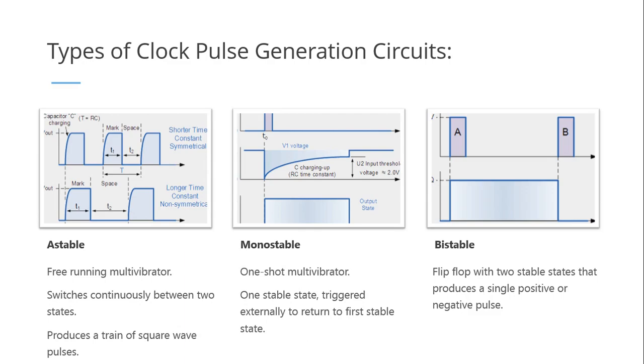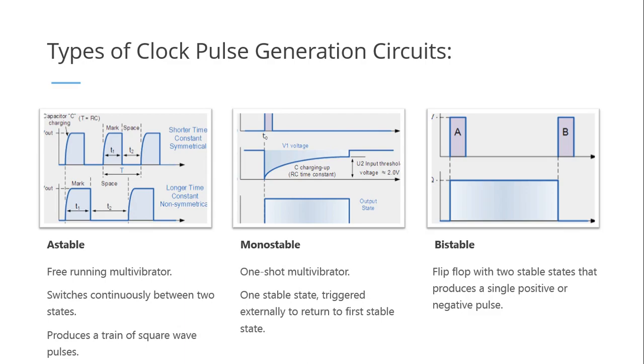You need an external input to shift it to its unstable state, but it would automatically revert back to its stable state after a specified duration according to the design. But with the bistable state, you use an external trigger to shift it to another state, so from low to high or high to low, and it would stay there unless you put in another trigger.